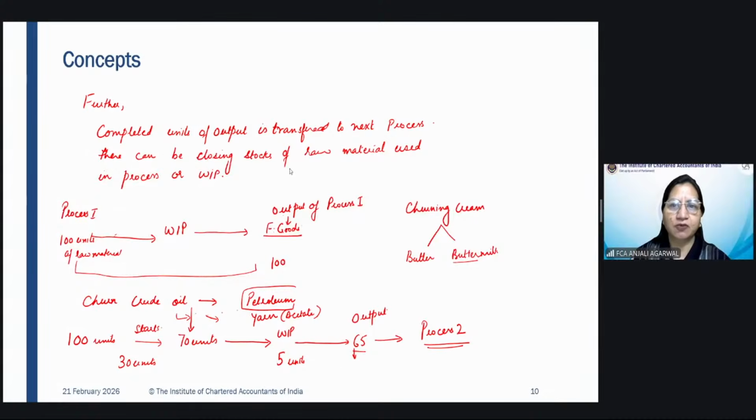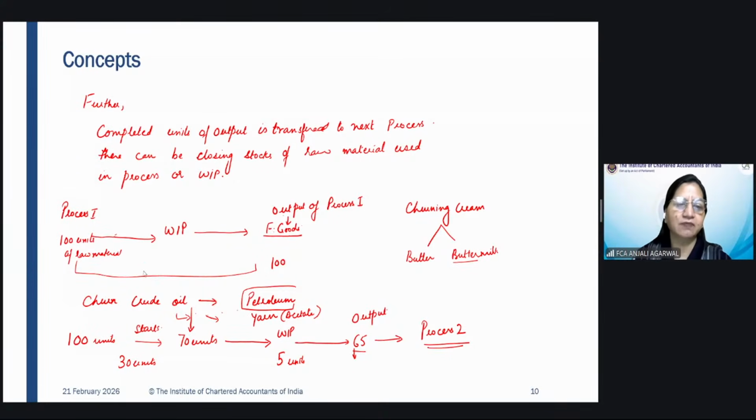So completed output is transferred to the next process. If we assume that there is no closing stock of finished output in a particular process, the entire units which are produced are transferred to the next process. The reason being that we assume there will be an abnormal loss if the units transferred to the next process are given as less.